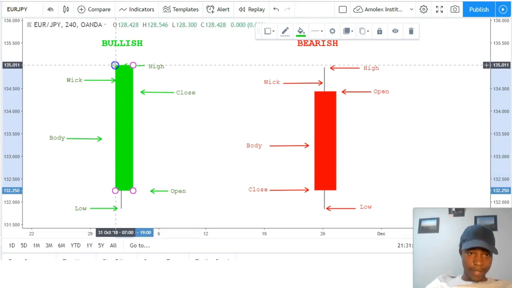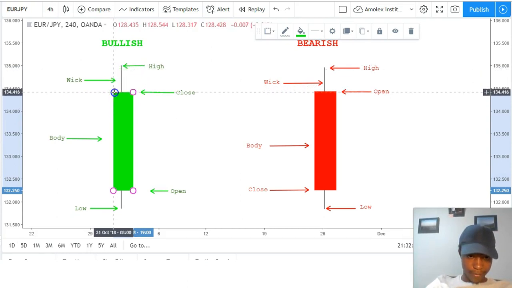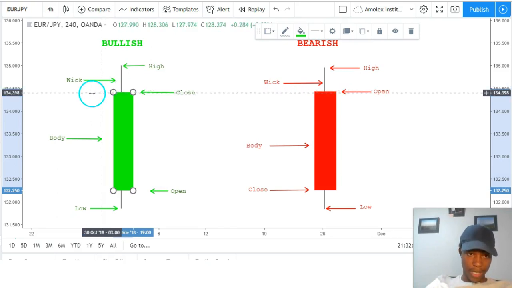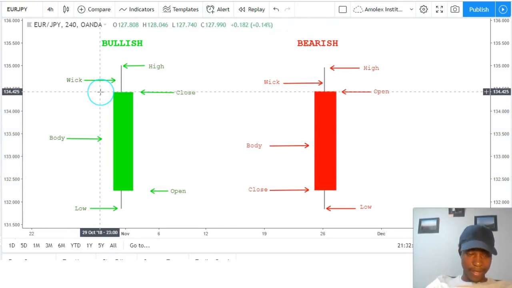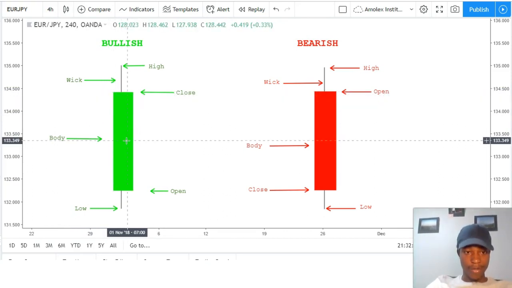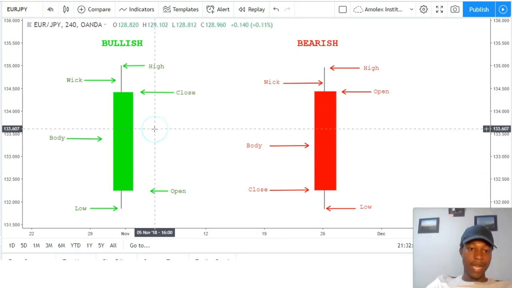After reaching the high, it then pushes down a bit towards this level, which is the close. That means at the end of the day, the market closed here. So that's the end of the candle. That's why we're saying this one candle represents the price movement in a day, right?